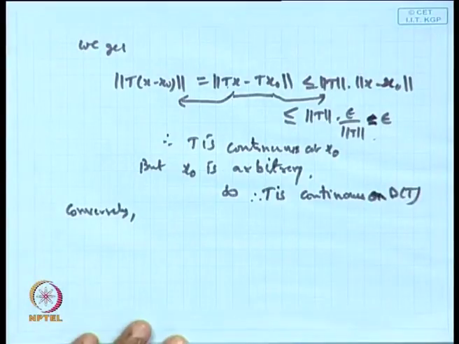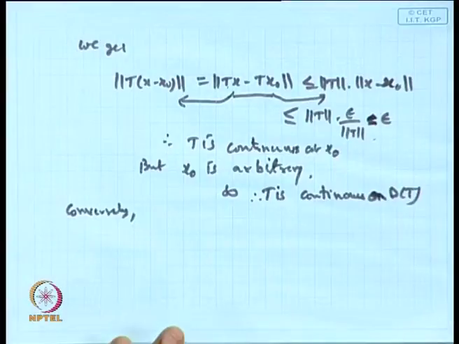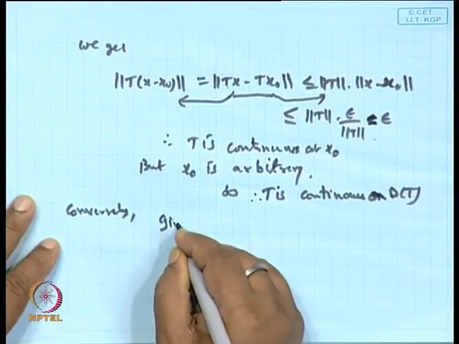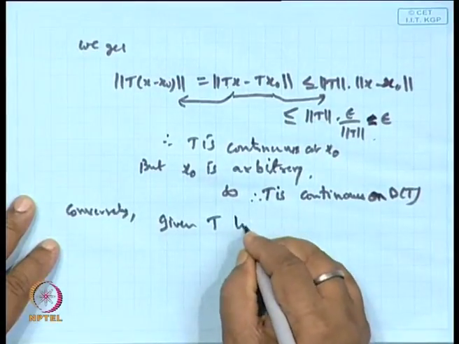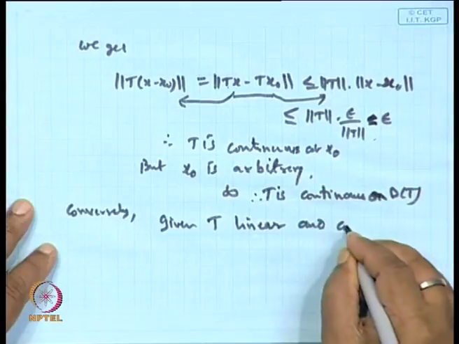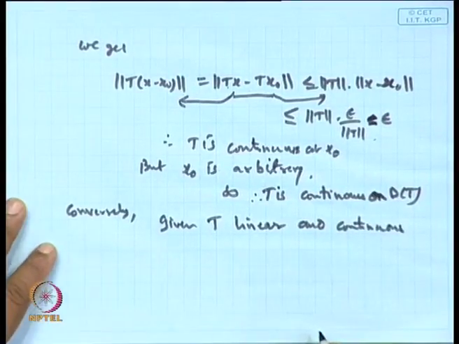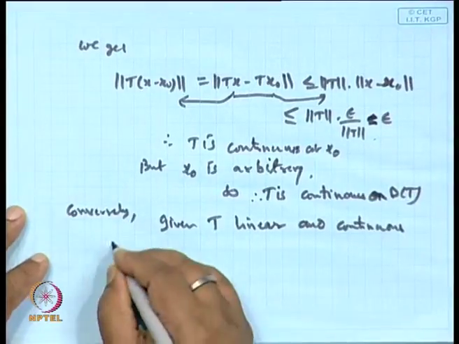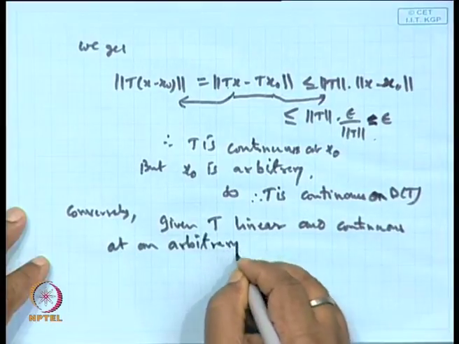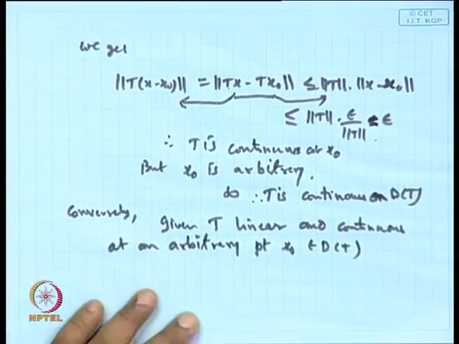Conversely, what is given now, that we wanted T to be bounded. Okay? So, T is given to be linear and continuous at an arbitrary point x naught belonging to D(T). Okay.